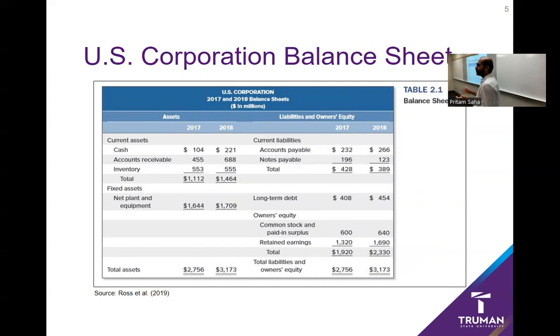But in these problems, we don't have the information for retained earnings. How can we do it? We can use the classical equation, assets equal liabilities plus equity, right? From the total assets, we can deduct liabilities so that we can get shareholders' equity, right?